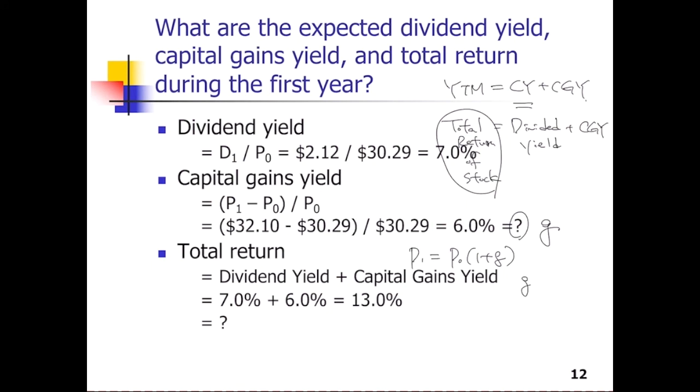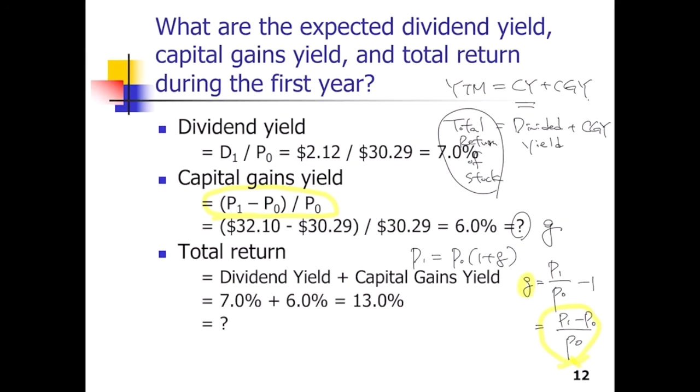G is equal to P1 over P0 minus 1, right? And it is rewritten as this, right? And it is the same as this equation.